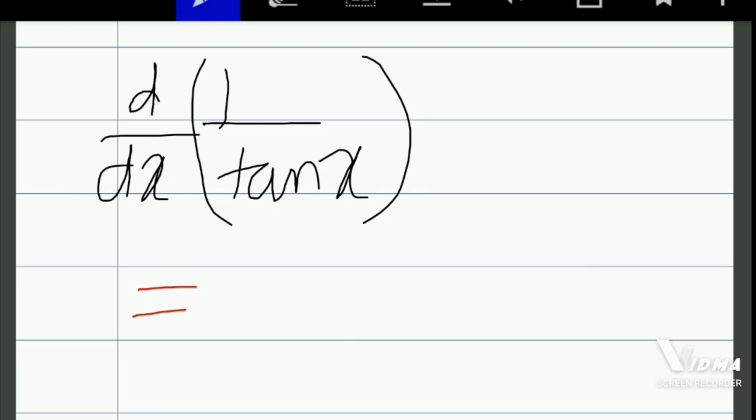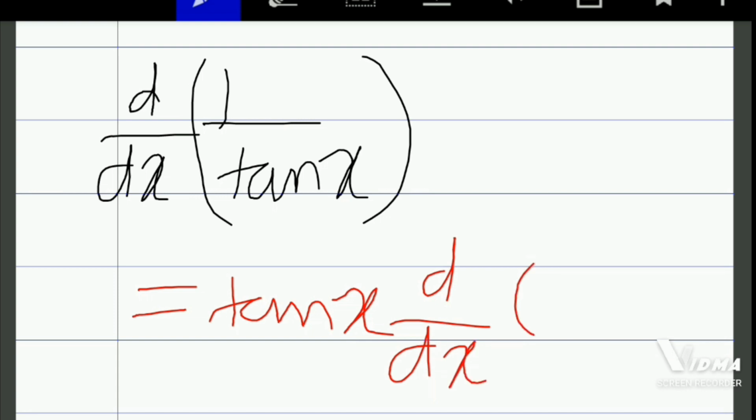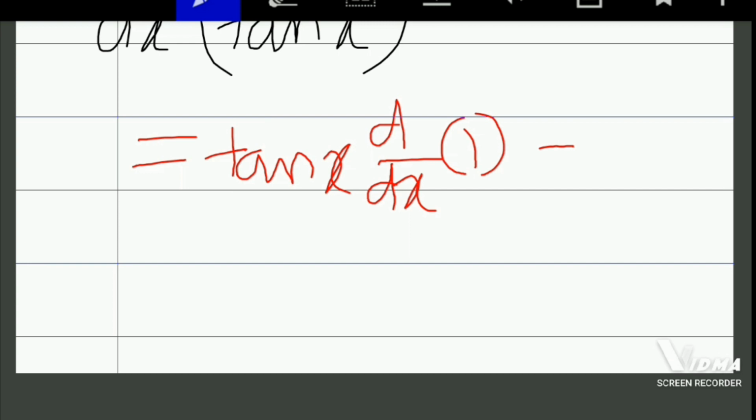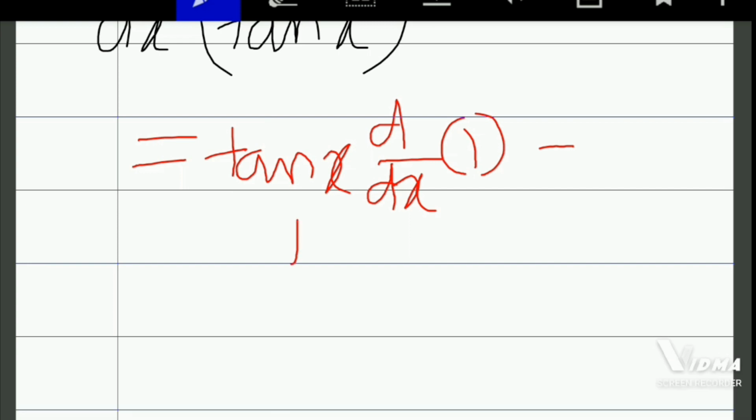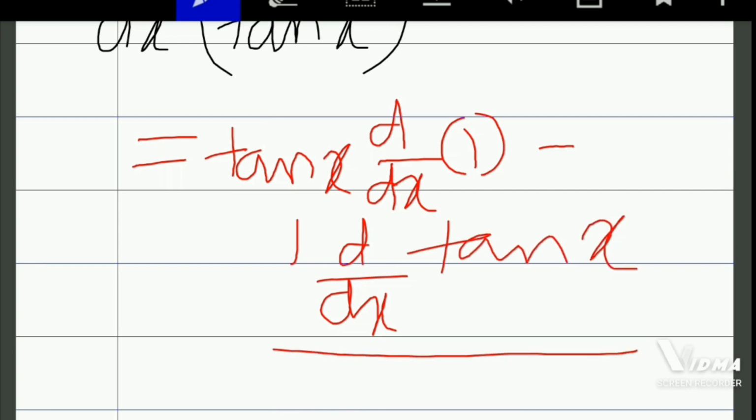According to the working principle of a by b, the differentiation of 1 upon tan x would be tan x into the differentiation of 1 minus 1 into the differentiation of tan x by tan square x.